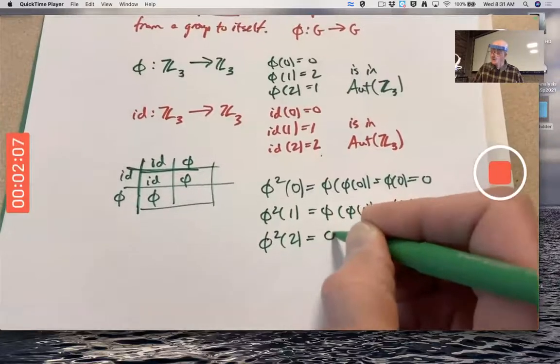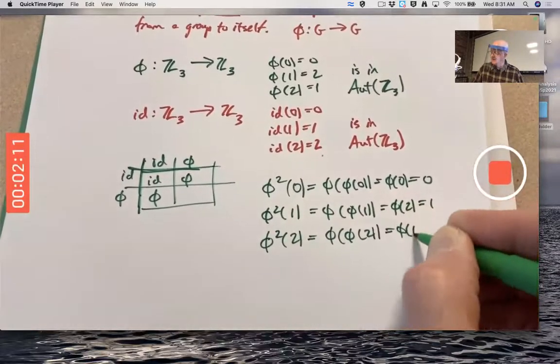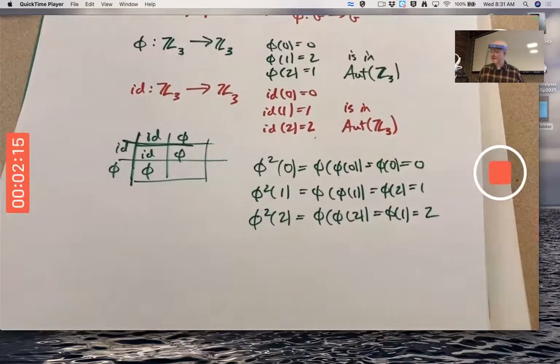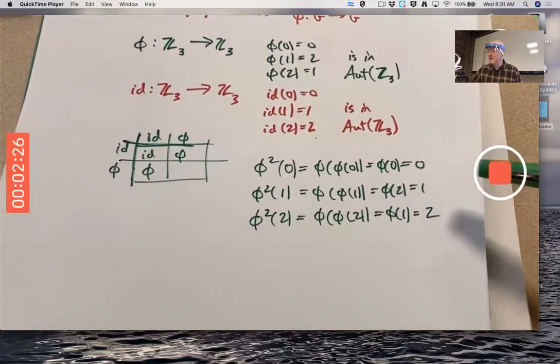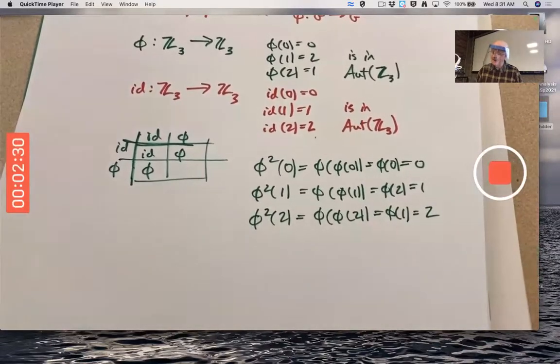What does it map 2 to? It maps it to 2, but the intermediate steps need to be shown like this. Yeah, phi composed with itself, which we can call phi squared, maps everything to itself. It is the identity map.